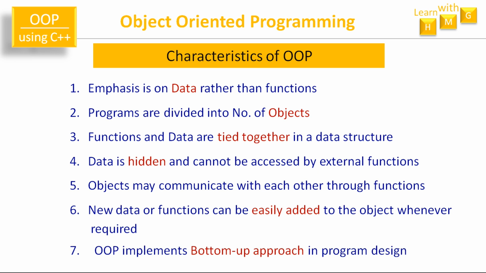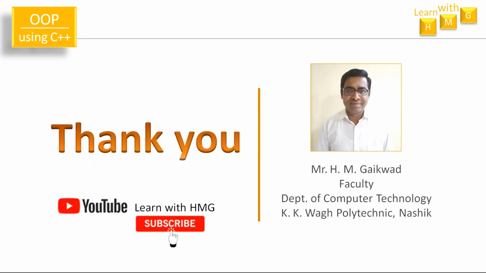And the last characteristic is that OOP implements a bottom-up approach in program design. It starts from the data, functions, object, and then the main program will be formed. So that is called the bottom-up approach. In POP we have studied that POP implements a top-down approach, while here it is bottom-up.